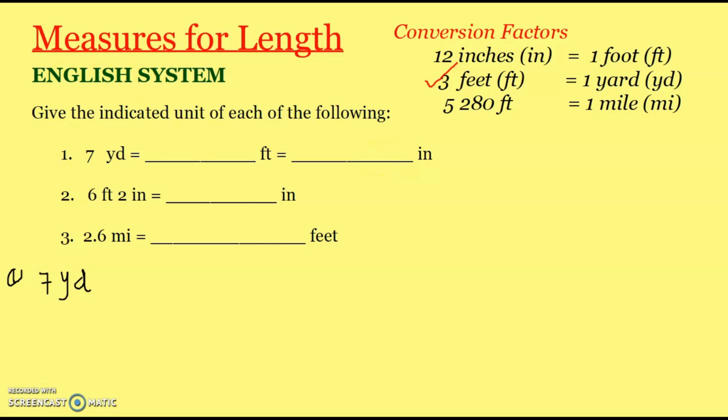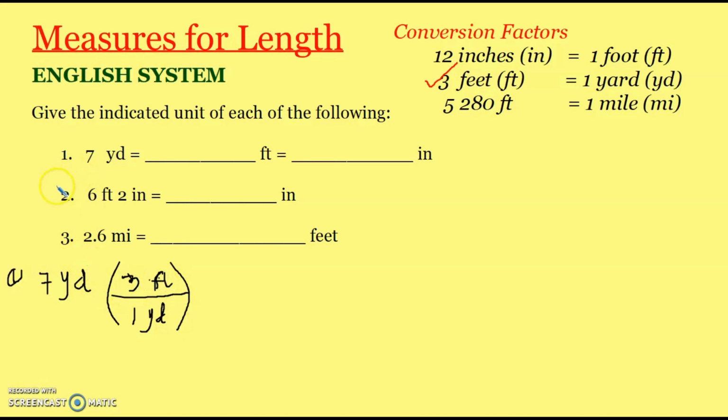But please take note that in this conversion, solutions are now required. And how are you going to present your solution? You are going to get rid of yards. It needs to be canceled, and to do that is to position the given in your conversion factors in a way that yards will cancel out. So in 3 feet in a yard, we write the yards on the denominator and 3 feet on the numerator.